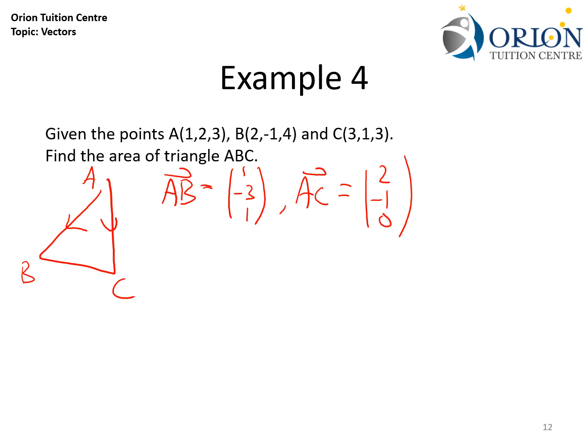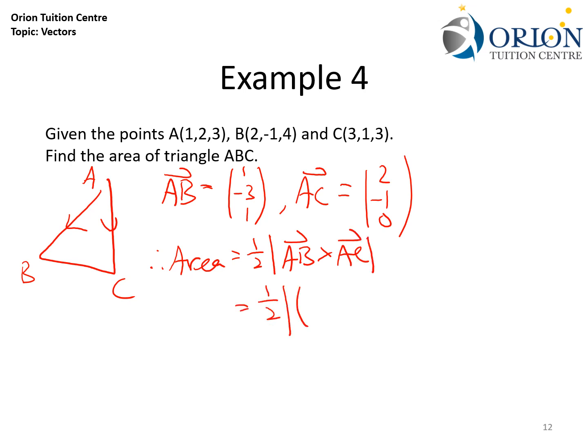And therefore, the area will be equal to half of mod AB cross AC, which is equal to half mod (1, -3, 1) cross with (2, -1, 0). And if we perform the cross product, we will end up with (1, 2, 5).